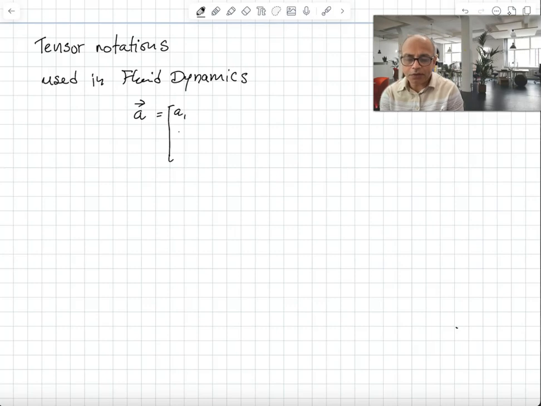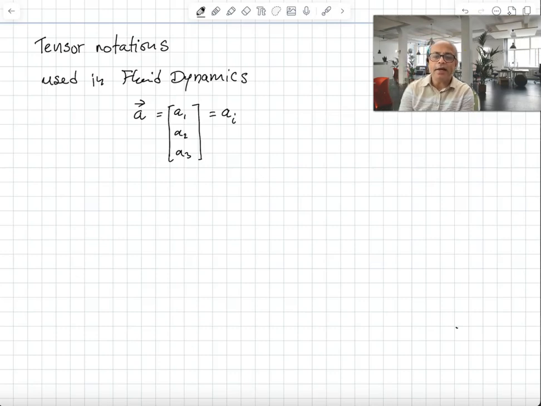I'm going to consider it has three components. Instead of writing that column, I can rewrite it as a sub i, and I will imagine this index i is going from 1, 2 and 3. So this is called a free index.